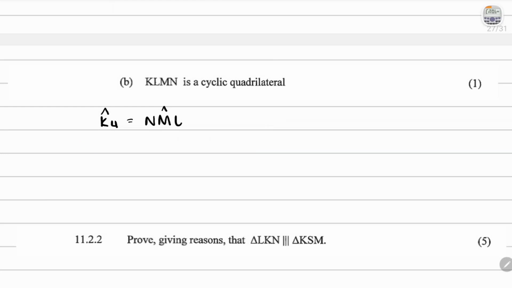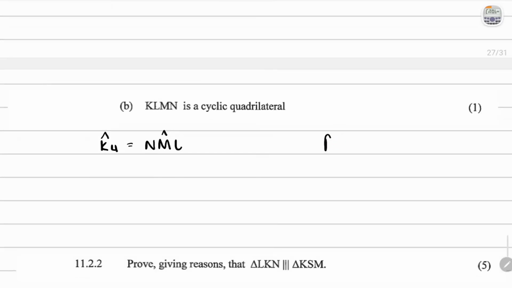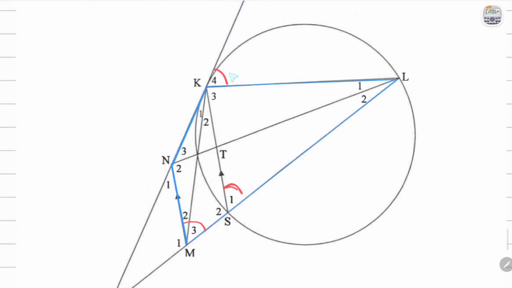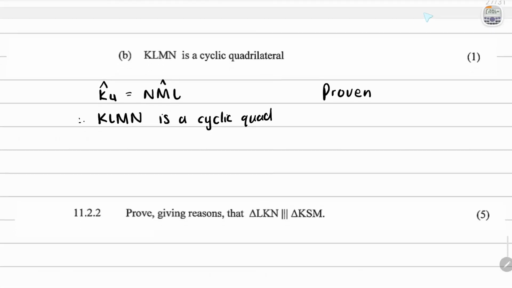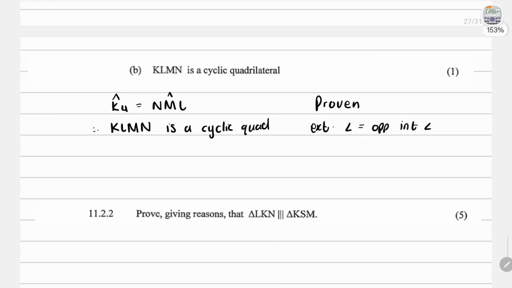And that has been proven already in the previous question. So we can tell them this has been proven. And because of that, that would conclude that KLMN is indeed a cyclic quad. And the reason is because we had the exterior angle being equal to the opposite interior angle. So therefore, it is a cyclic quad. And there we go. We have proven that the shape is a cyclic quad.